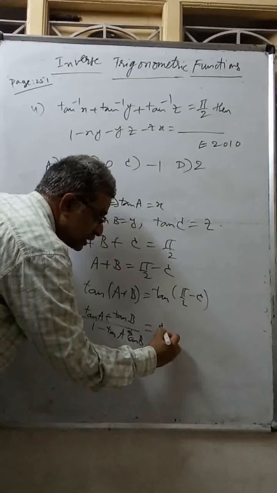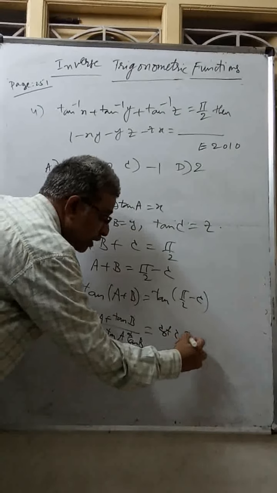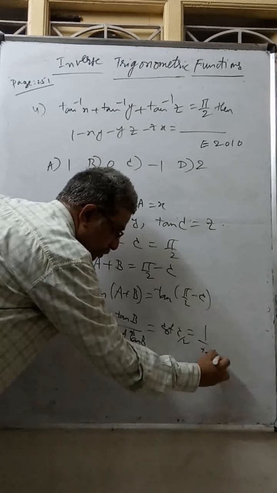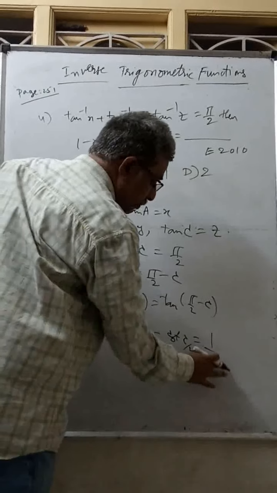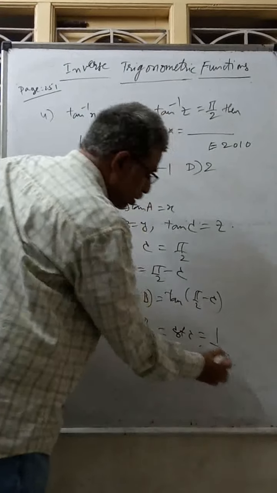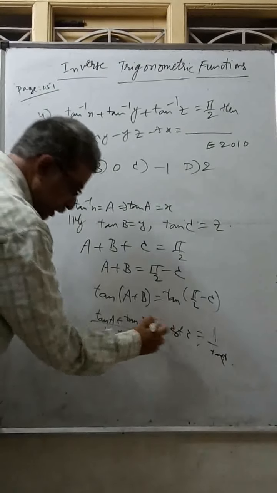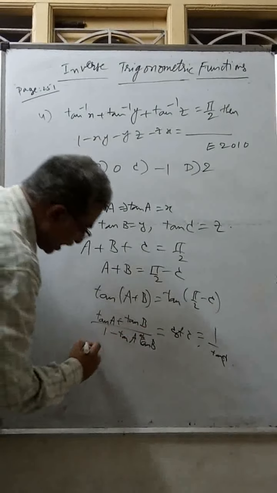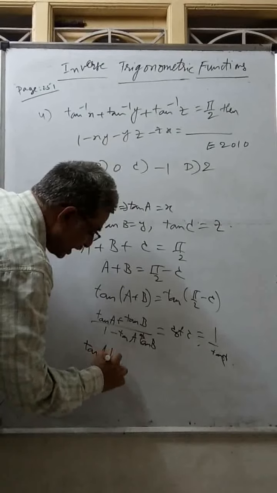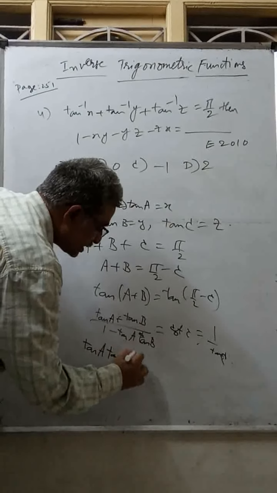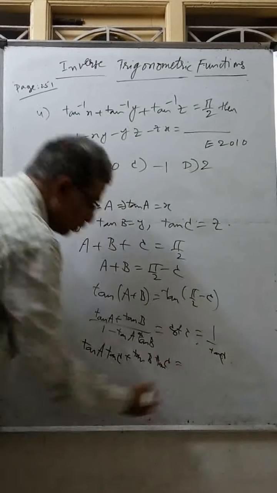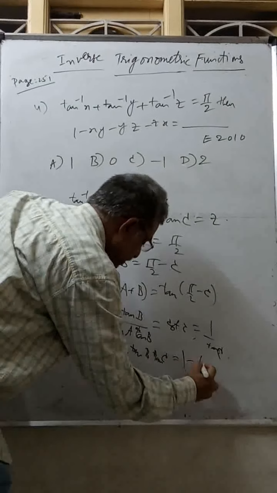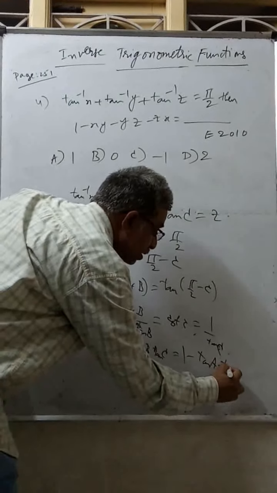So I can write cot c as 1 by tan c. By cross multiplication, this becomes tan a tan c plus tan b tan c equal to 1 minus tan a tan b.